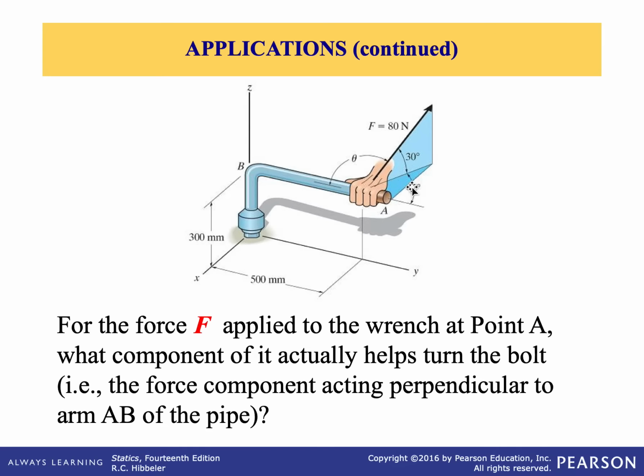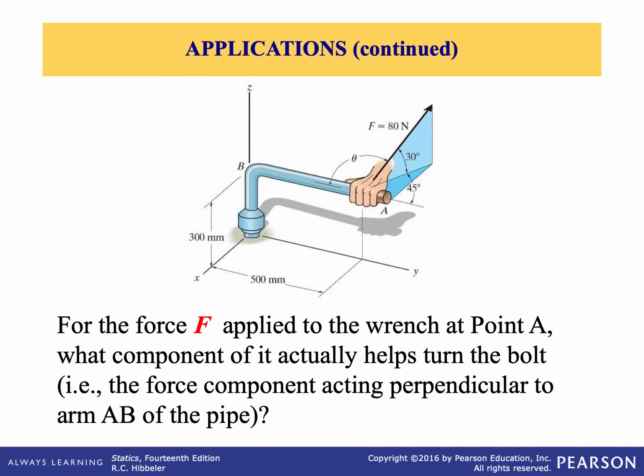I have 45 degrees tilted with the x-y plane, and then going up, my force of 80 newtons is at 30 degrees in the y-z plane. So it's not 90 degrees and not perpendicular.